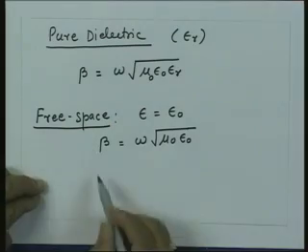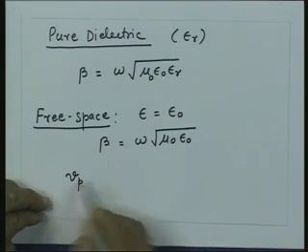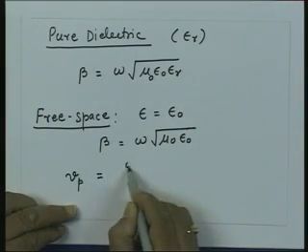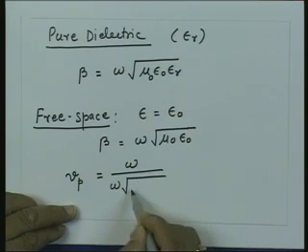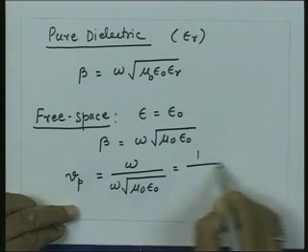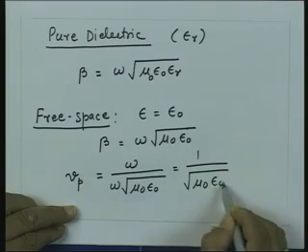So the velocity in free space, if I say Vp in free space, is equal to omega divided by omega square root mu 0 epsilon 0, that is equal to 1 upon square root mu 0 epsilon 0.